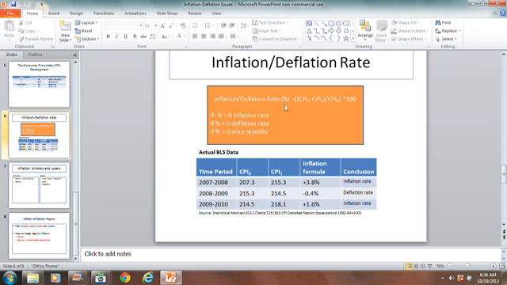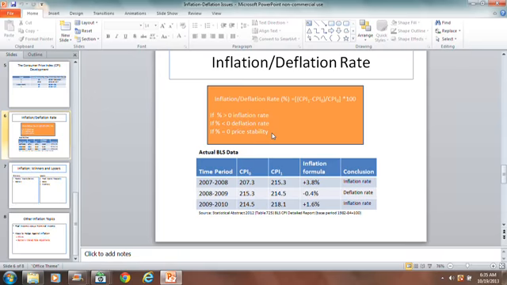And by doing that, if that percent change is positive, that's the inflation rate. If the percent change is negative, that's the deflation rate. If the percentage change is 0, which is what we ideally want, then that suggests price stability.